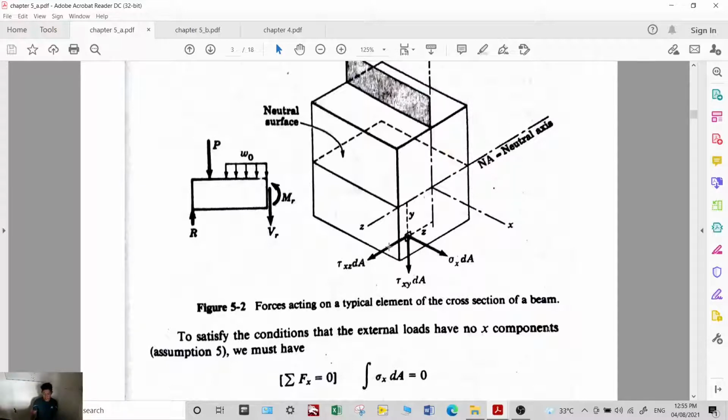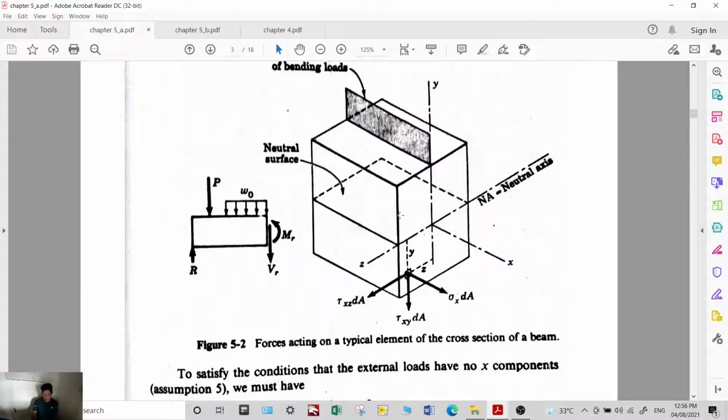And then your shear stresses: tau xy dA, on the x plane and in the y direction, perpendicular to the x plane, and then tau xz, in the z direction.